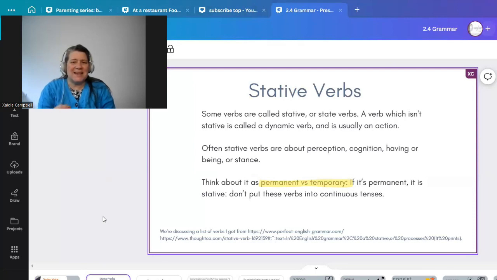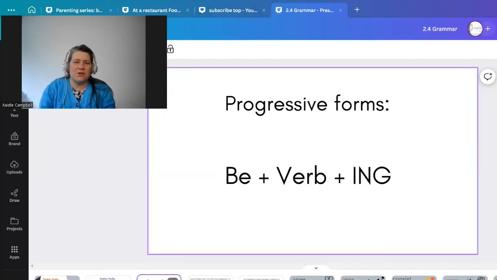Often, taking a stative verb and putting it into a progressive tense is a more colloquial way of speaking. We don't use it in writing as frequently as we use it in speaking, but English is always changing because it's an organic language. So let's first look at what the progressive form actually looks like.